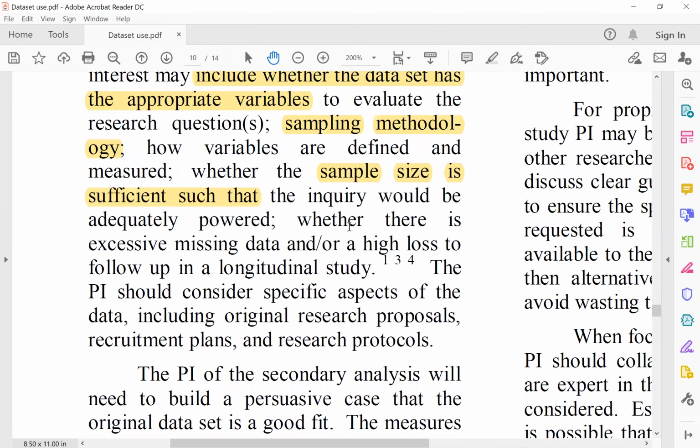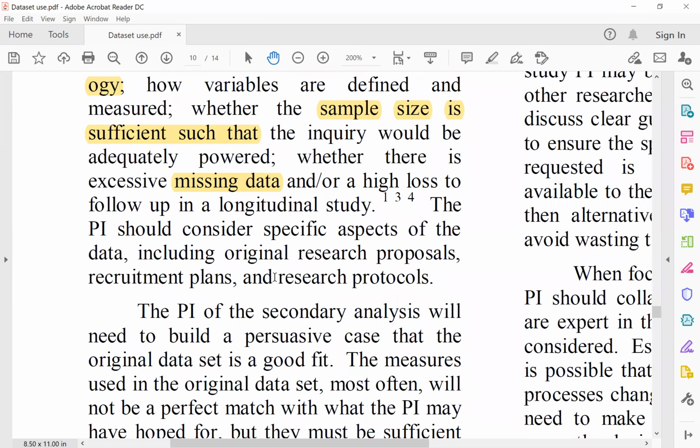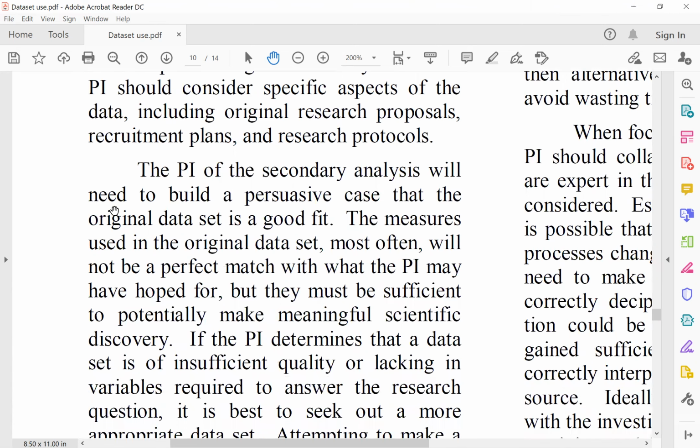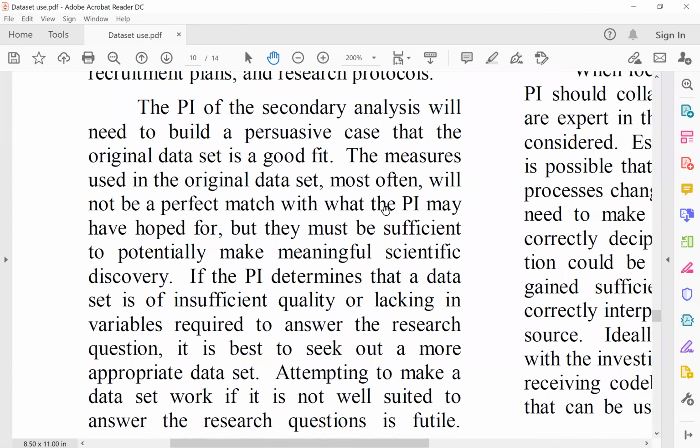Whether there is excessive missing data and or high loss to follow up in a longitudinal study. The PI should consider specific aspects of the data, including original research proposals, recruitment plans, and research protocols. The PI of the secondary analysis will need to build a persuasive case that the original dataset is a good fit.